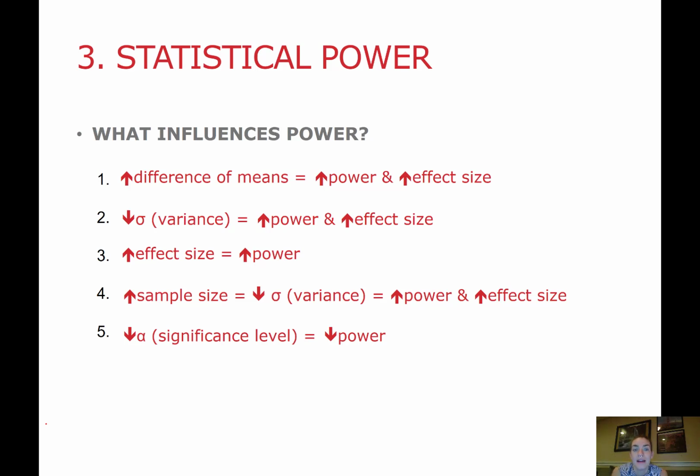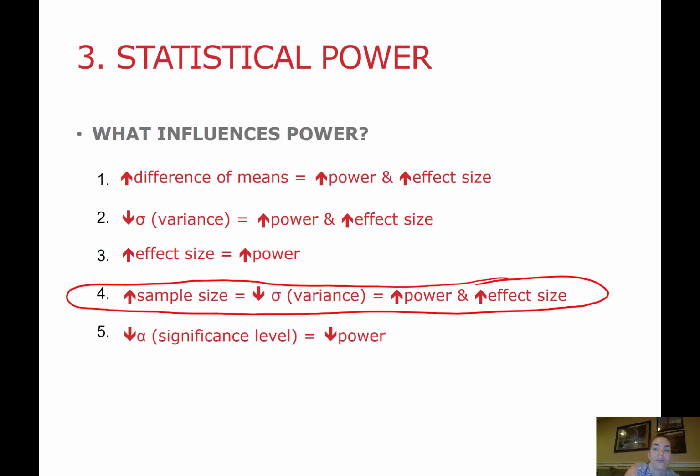Also, sample size. As sample size increases, then we have lower variation in our distributions and we increase our power. This one is really important because we have control over it. Okay, so we have control over this one here. We can decide to collect more information or to collect data from more individuals if we want to increase our power.